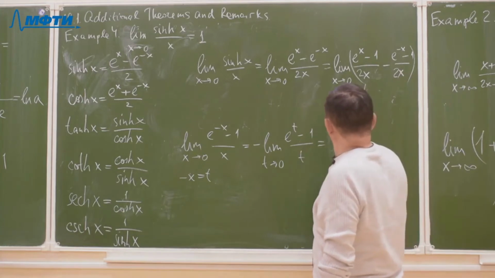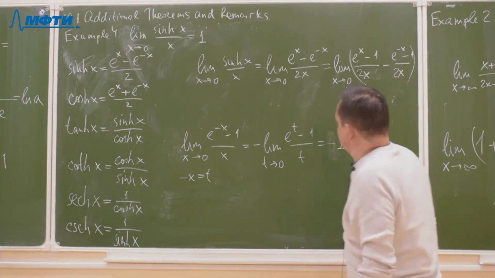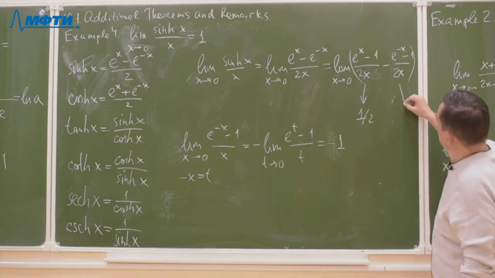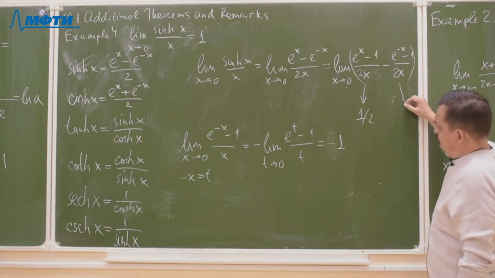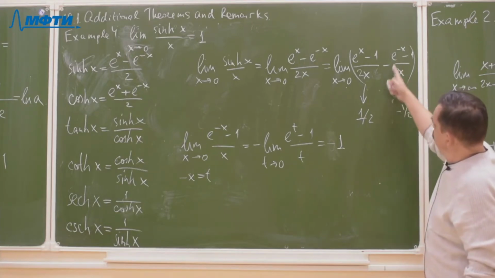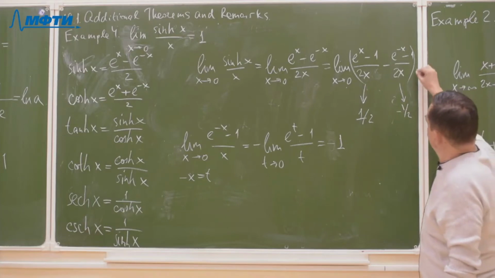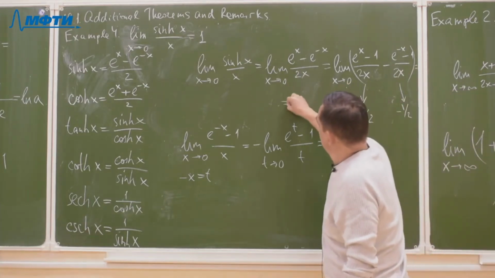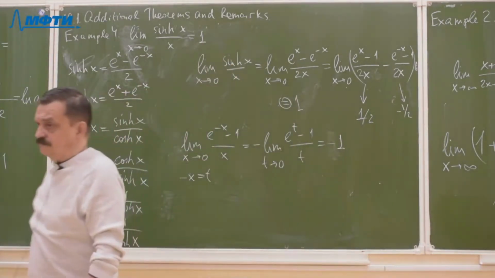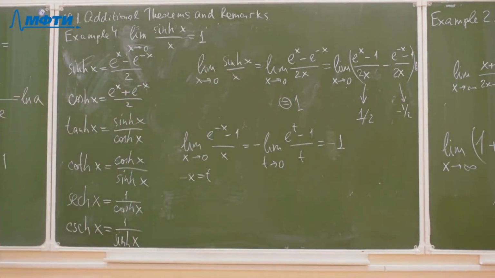And here we have minus 1, so this tends to minus 1/2, and if we substitute both values, we have precisely 1, as it should be. No questions, everything is clear, and that is indeed rather simple.